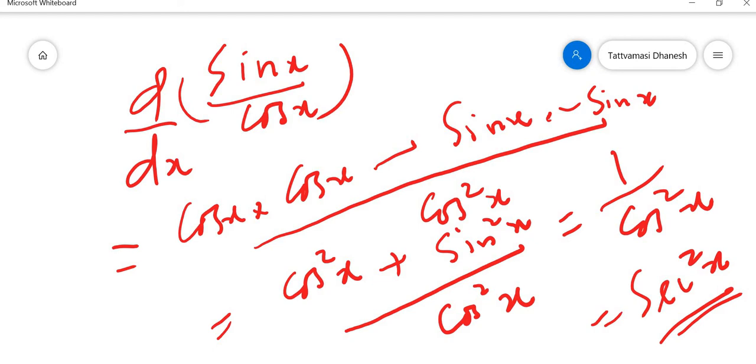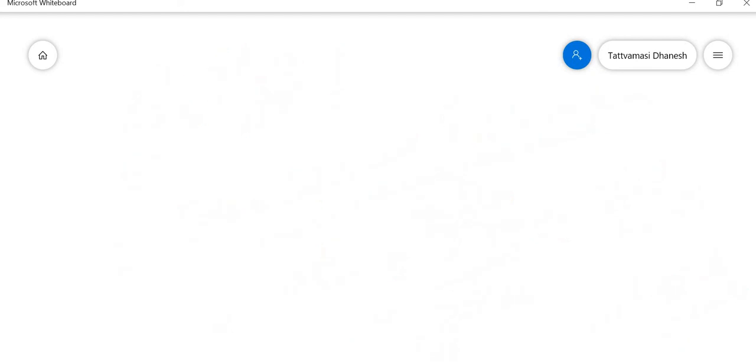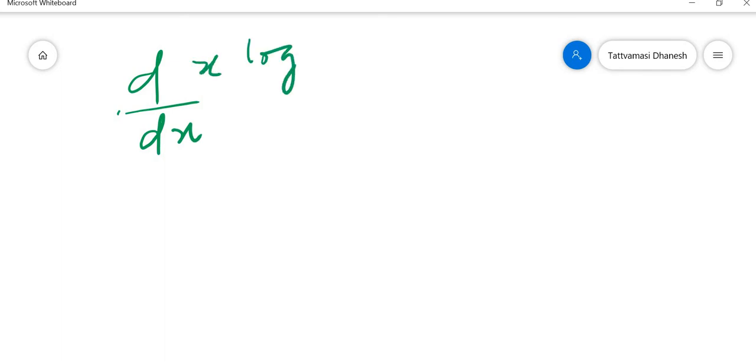I will do one more question like this. The next question is x by log x. You know the derivative of log x is 1 by x.